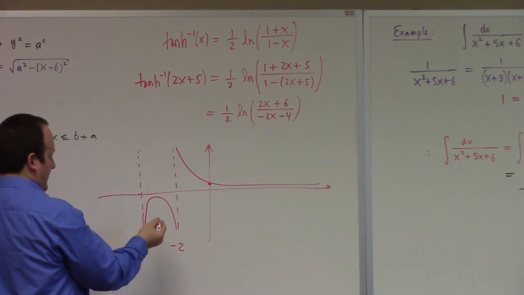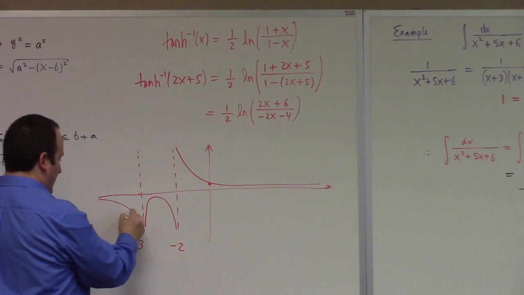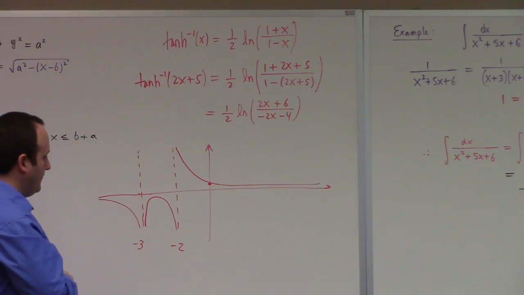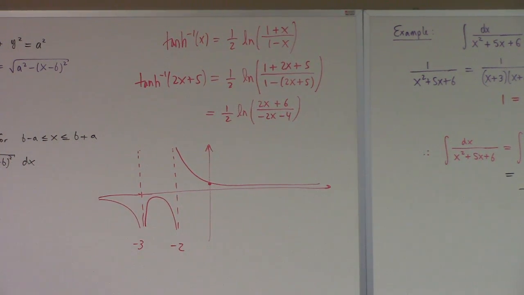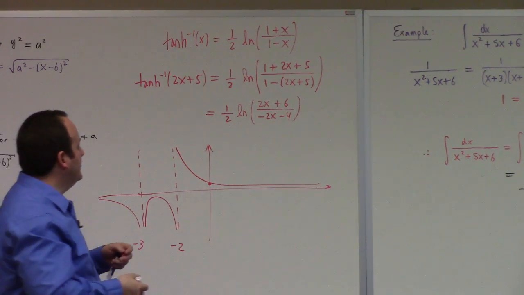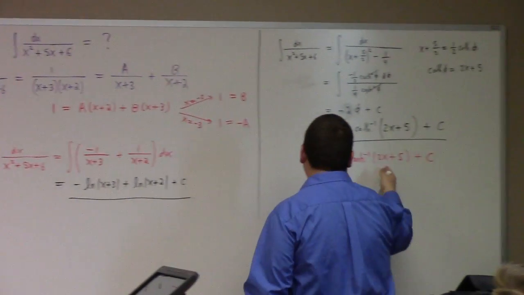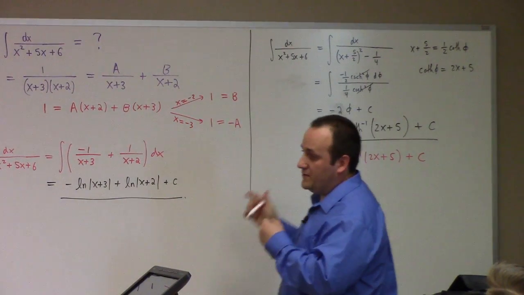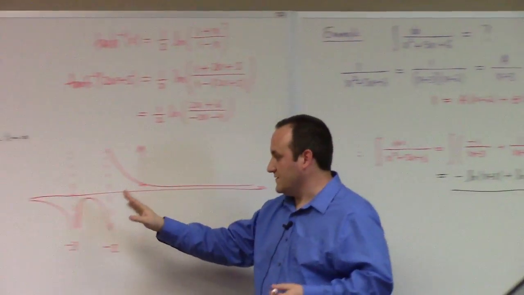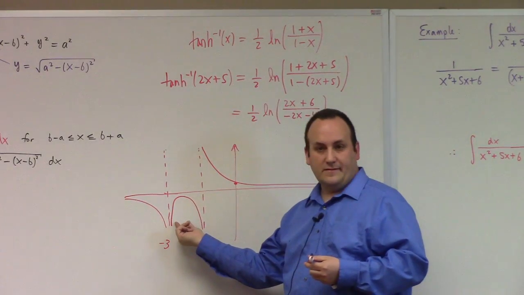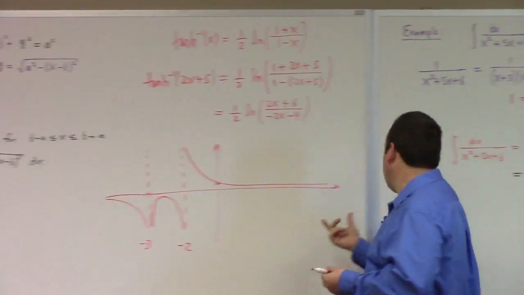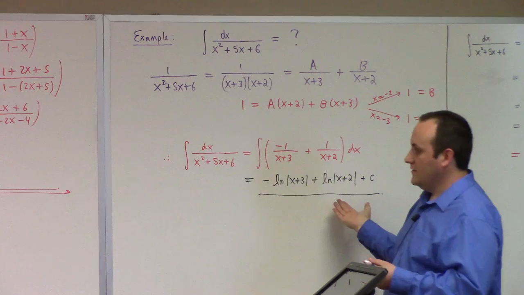And then I suspect it's like this over here. So what I kind of figure, guys, is this answer, the inverse hyperbolic tangent integral, it's probably only applicable to one of these cases. My guess would be in here. Whereas this natural log integral is more robust.